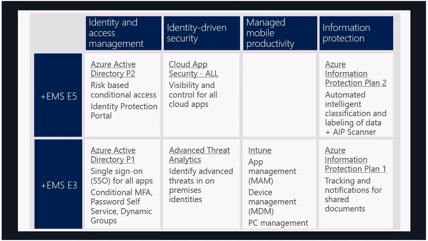That said, the packaging, if you will, of it is the EMS E3 suite, which I think you'll notice on the graphic that's here at the bottom, has 4 major components in E3. There are also several components in EMS E5.